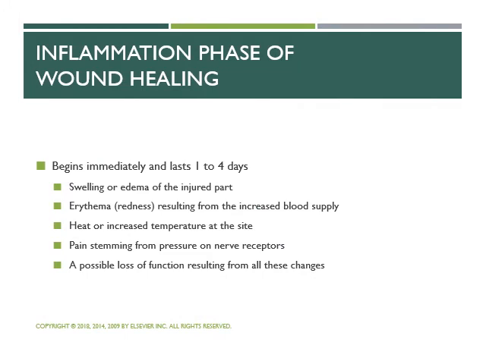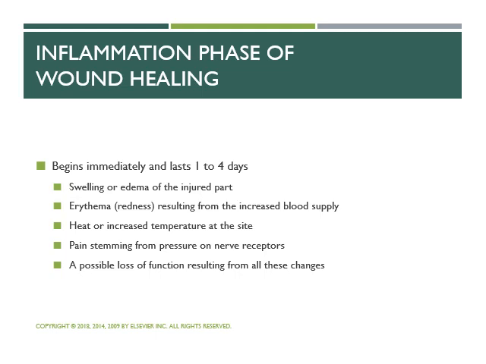So wound healing begins with inflammation. The inflammatory process is introduced to the localized injury site or destruction of tissue site. The inflammatory process begins immediately after injury and can last approximately 1 to 4 days.